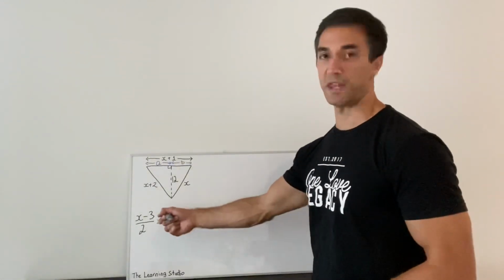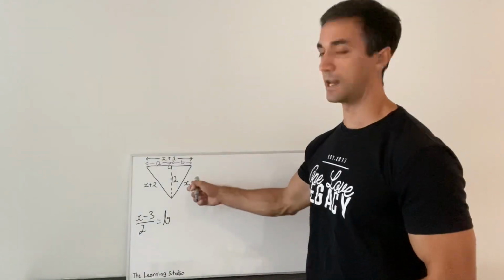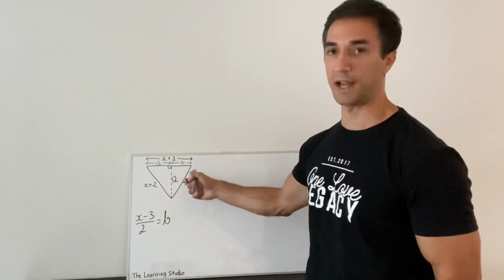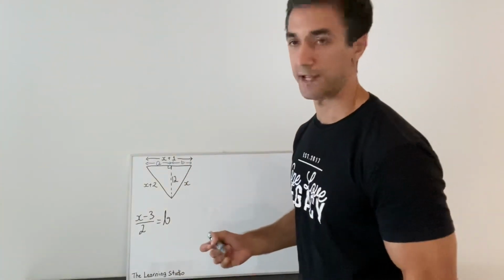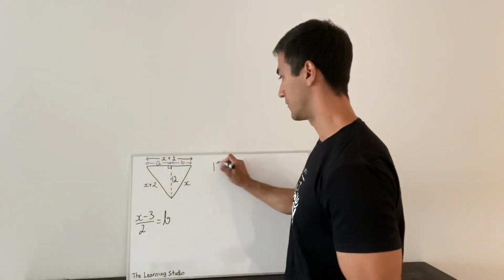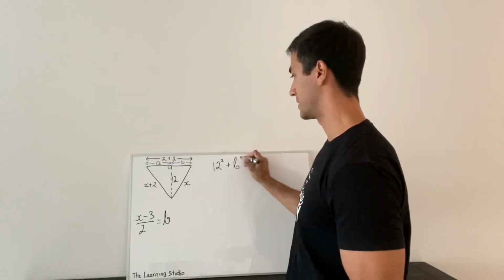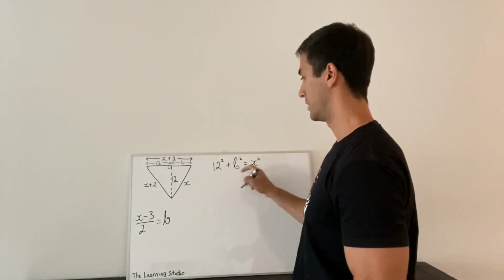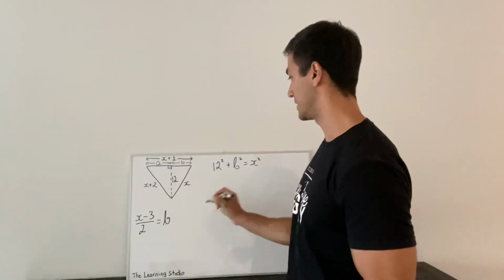Alright, so now that we have b in terms of x, we can now just use Pythagoras' theorem on the right hand triangle, and that'll give us a quadratic equation for x. Right, so we now have 12 squared plus b squared equals x squared, and we know that b is really this thing.